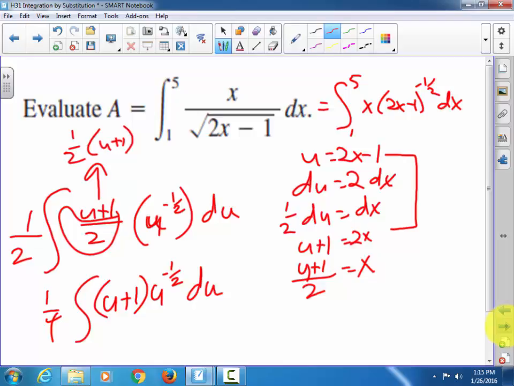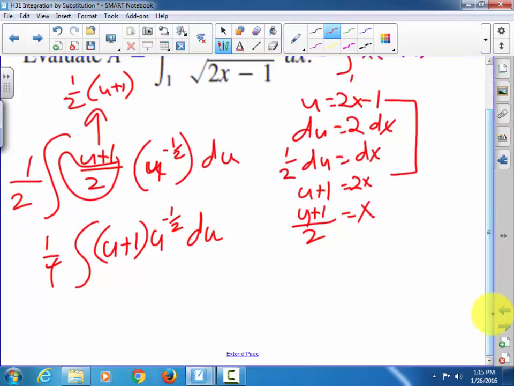So I pulled that 1/2 out and multiplied it by the other 1/2 that was already out there to make it 1/4. Now, I still can't integrate like it is. But what I can do is distribute and make it u to the 1/2 power plus u to the negative 1/2 power. And now I can integrate, because when I multiply, I add the exponents. Yes, u to the 1/2 and u to the negative 1/2.